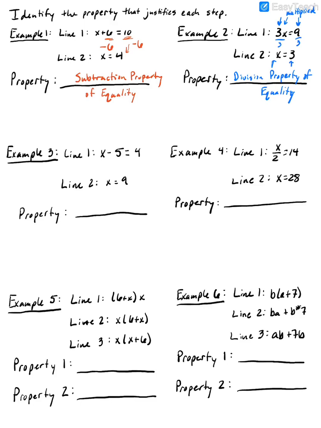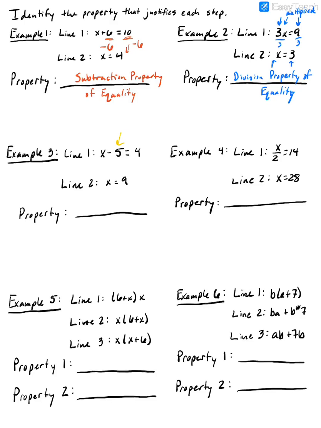Example 3. Line 1 is x minus 5 equals 4. Line 2 says x equals 9. Because I don't have any 5 there anymore, I would need to undo that. In example 1 we had addition, and we used subtraction to get rid of it.